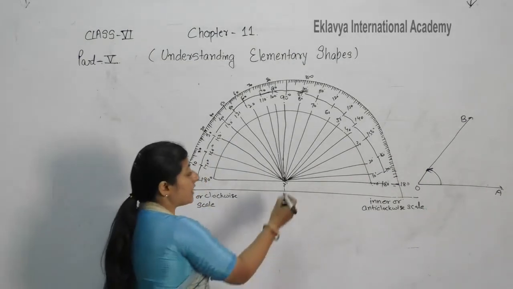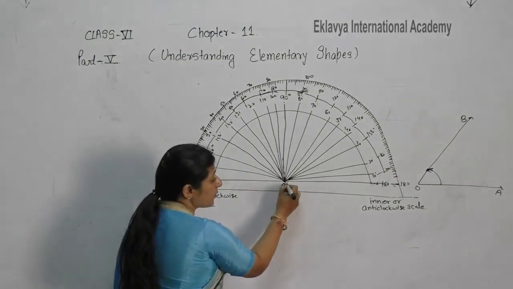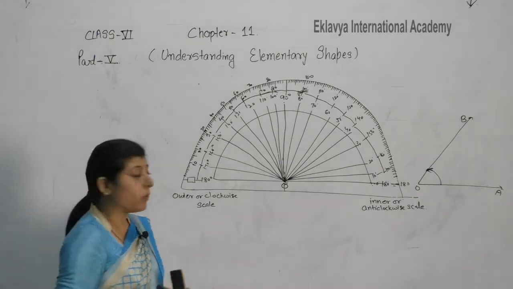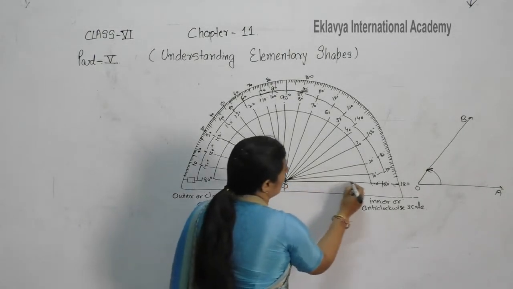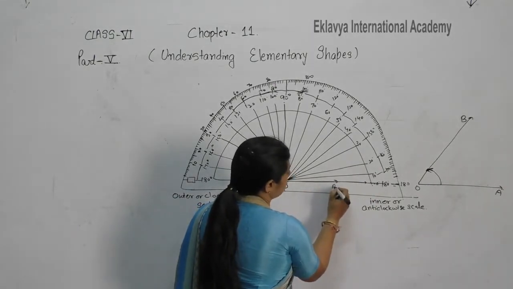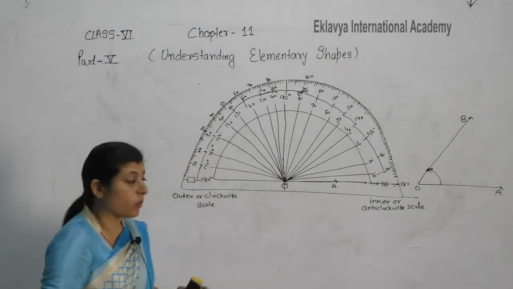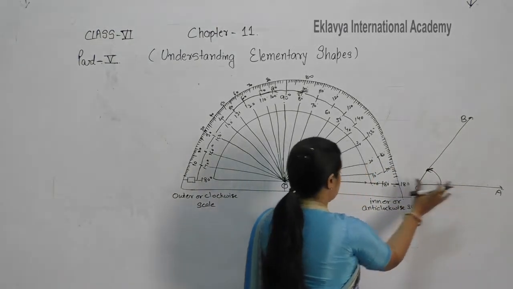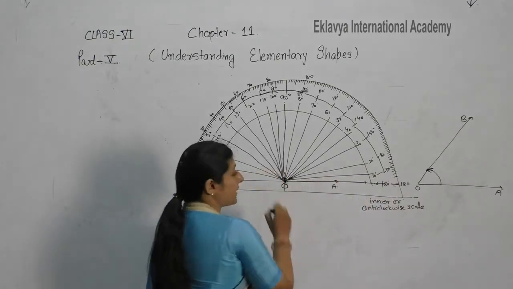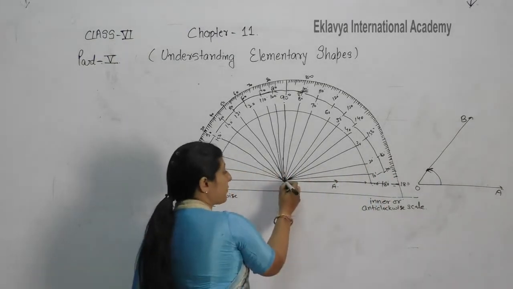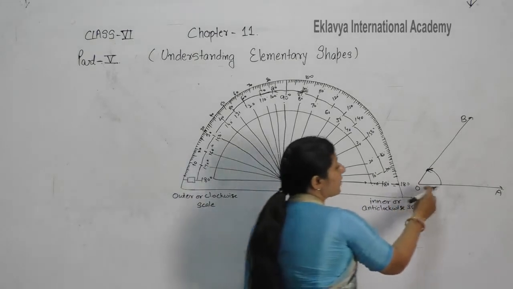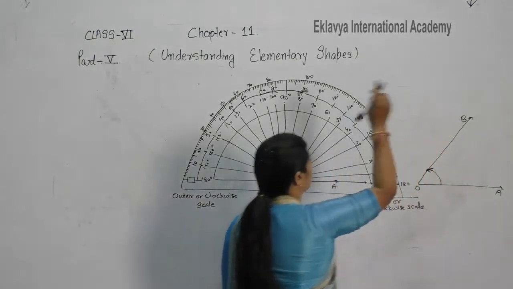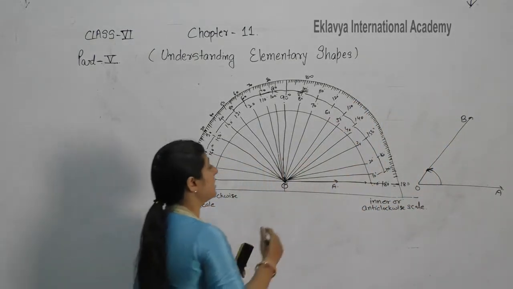It means we put this protractor at point O, on the line segment OA, so that it meets at point O here. Now see this line OB, we will check here.